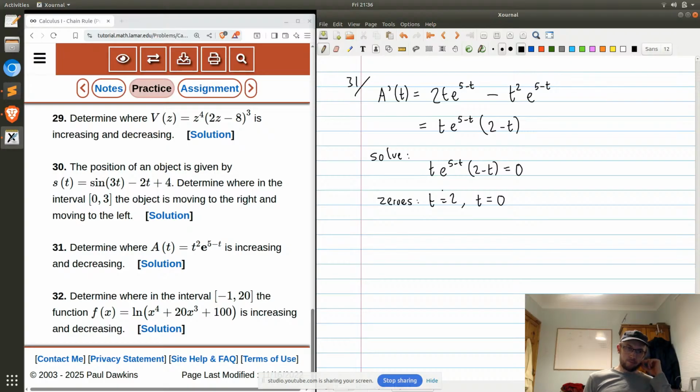Well, no. Just determine its behavior between the zeros. Okay, so just put in 1.